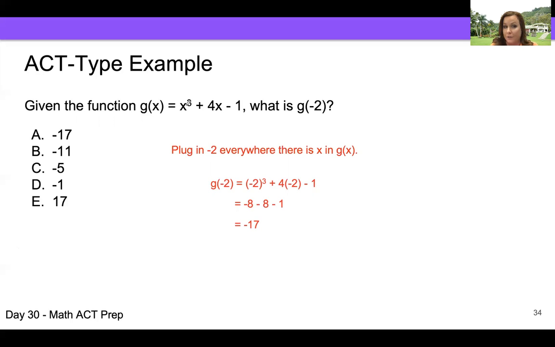We plugged a -2 in here, plus 4 times -2 minus 1. Well, -2 cubed is -8. -2 times 4 is -8, and then -1. We add all these together, and we get -17.